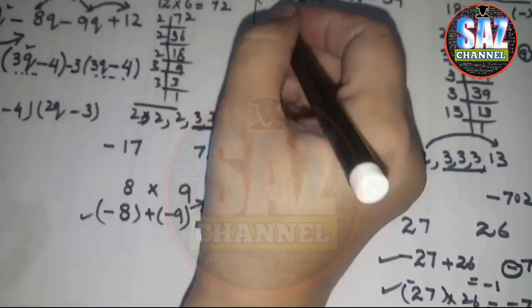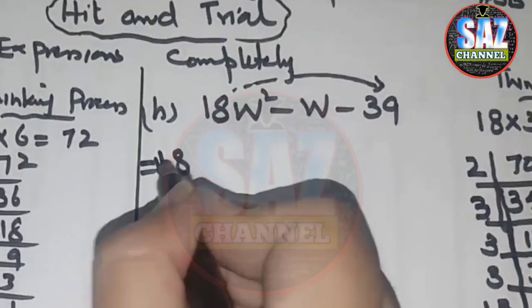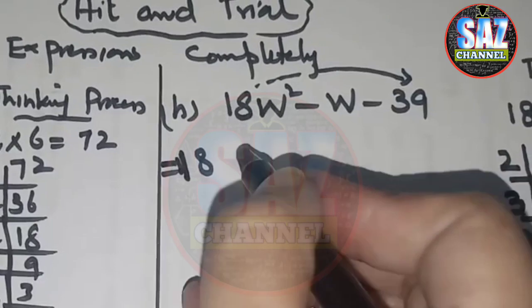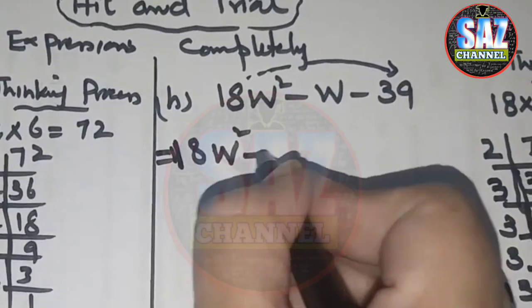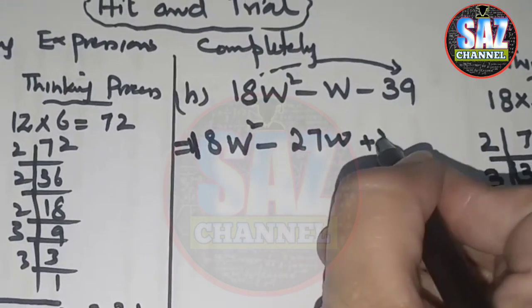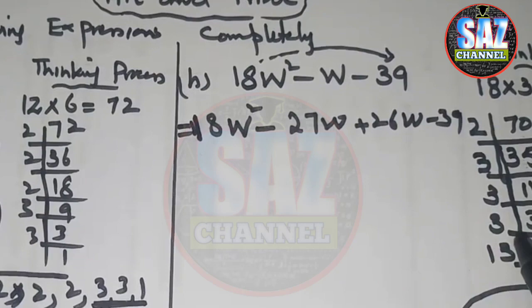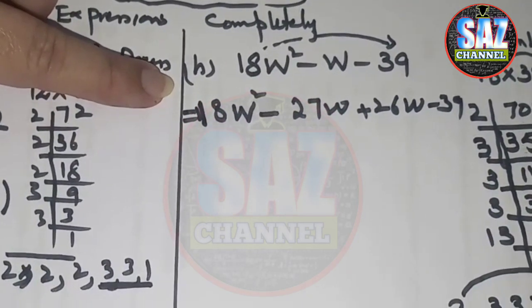Coming to the question, I have to write my first term as it is, that is 18w square, minus 27w plus 26w minus 39. Now my expression has been divided into 4 terms.